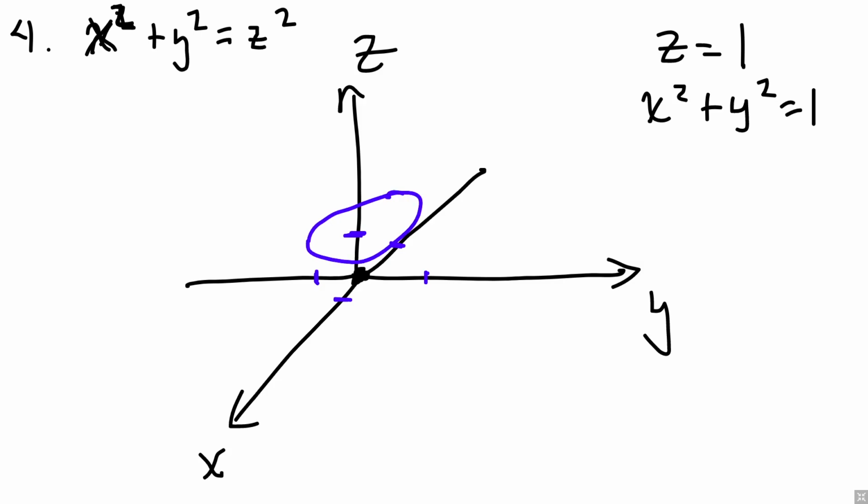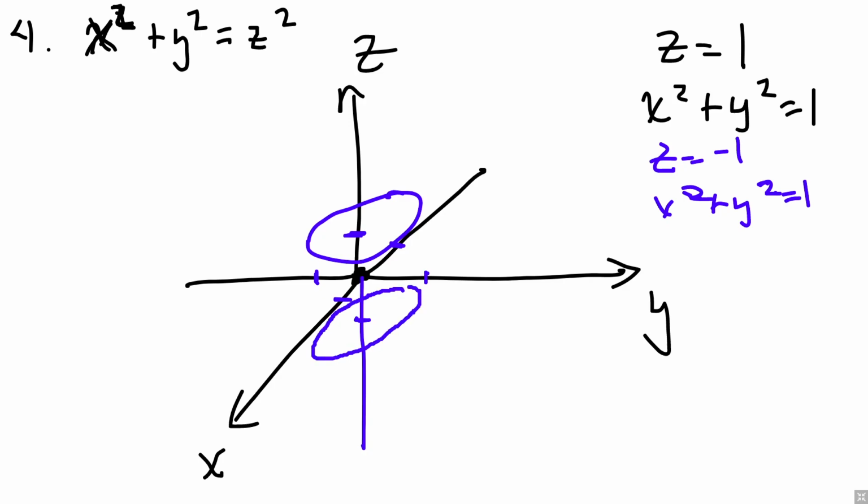Now, the thing is that if z equals -1, I'm going to get the exact same thing. So it actually will also go down, and I can create a circle like so.